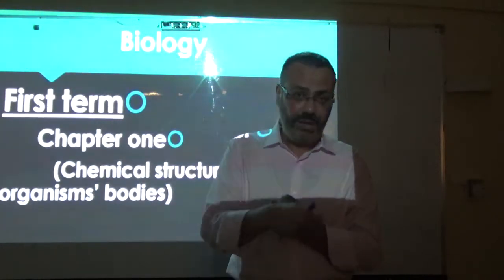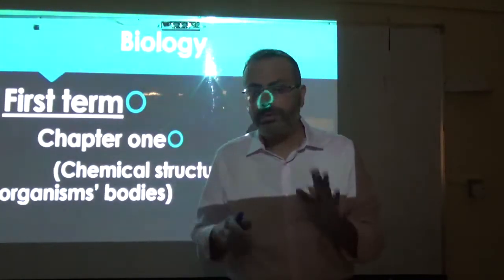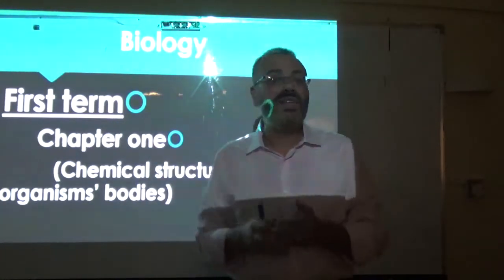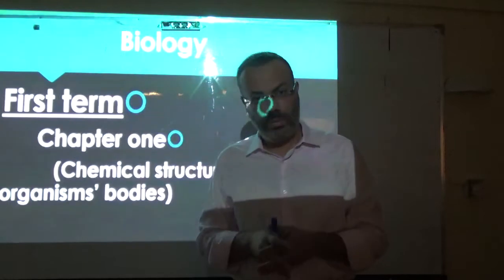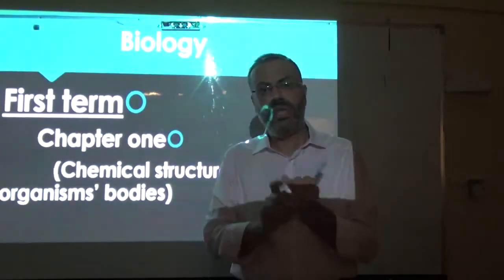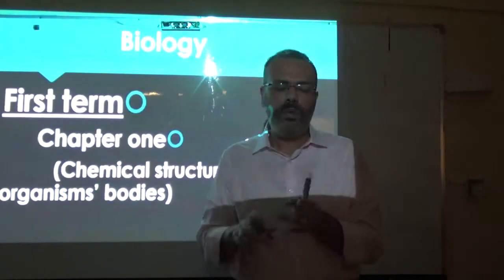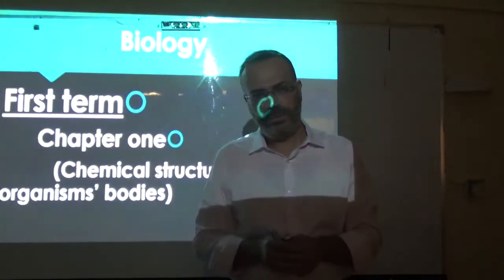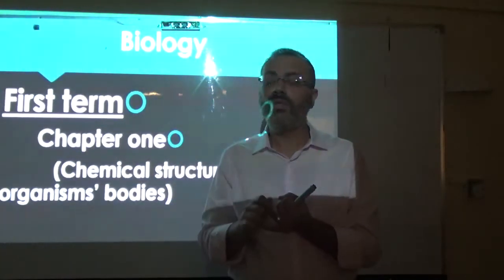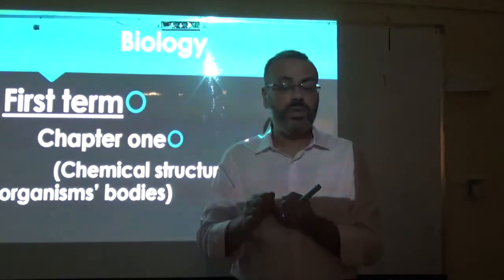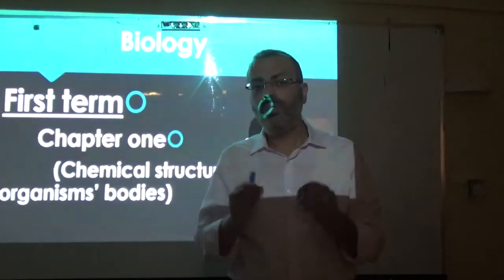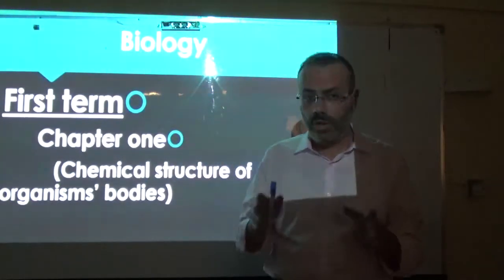But inorganic means that the compound has no carbon. What are examples of inorganic molecules? Inorganic molecules like water and mineral salts. We will not talk about them in our curriculum, but we'll talk about another compound called organic molecules. So we want to know the meaning of organic molecule.